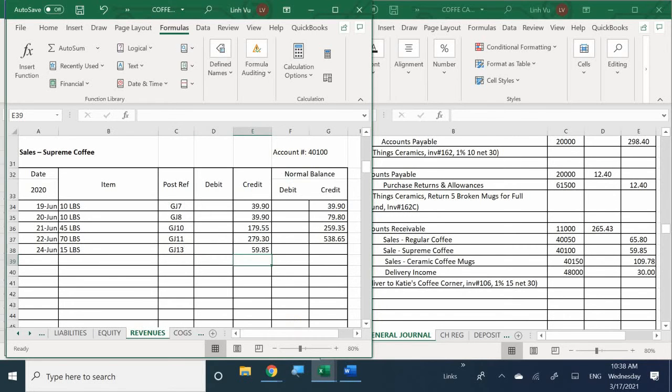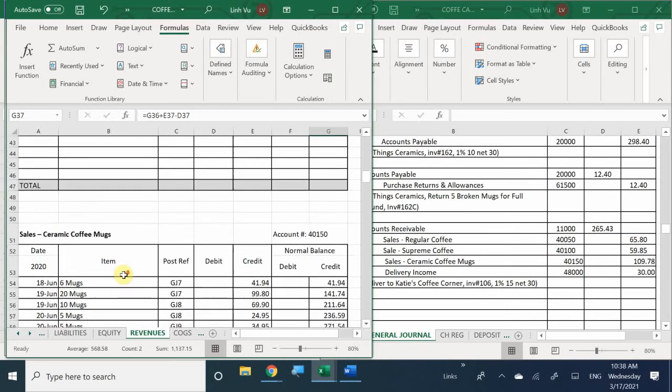So how much is my total ending inventory here? I'm sorry, my sales. 558. Yeah, good. 5,859,850. And then now we gotta do our coffee mugs.